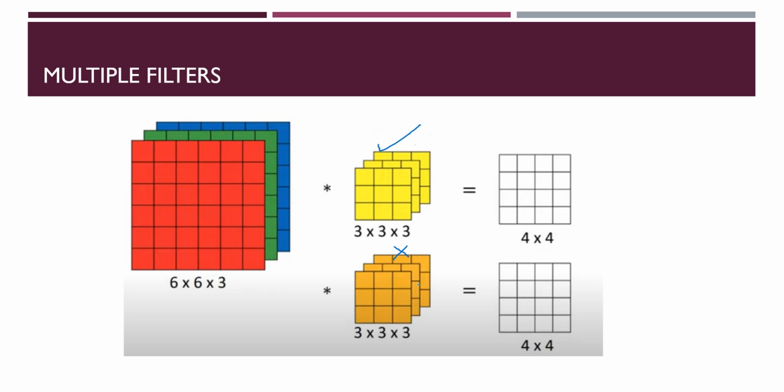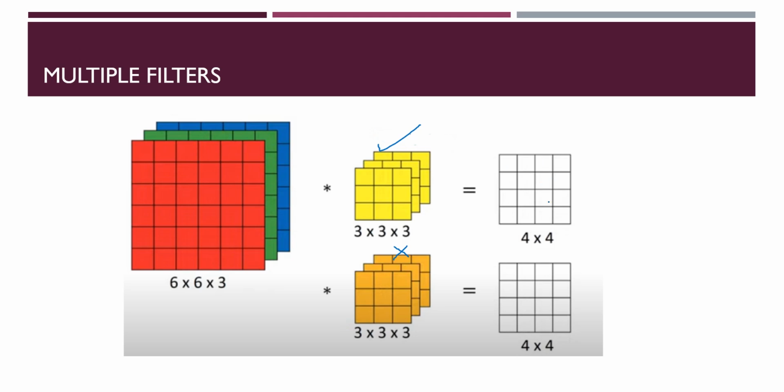So the result of all this, you will get 4 by 4 results for each of these filters. So if you have 10 filters here, you will have 10 such 4 by 4 outputs. So what we do is the final output of this layer will be a stacking of all these outputs that we have got together.